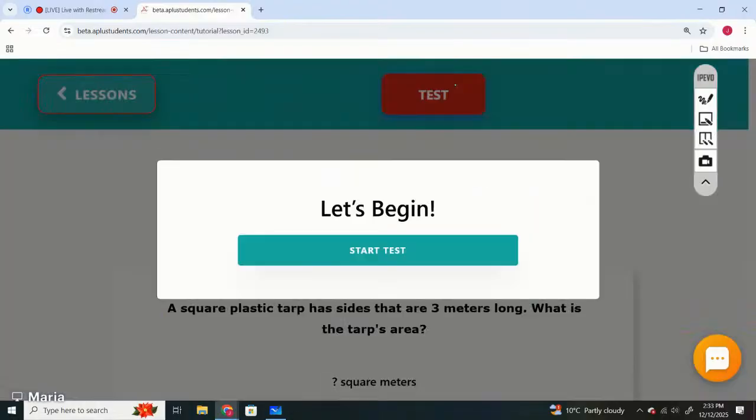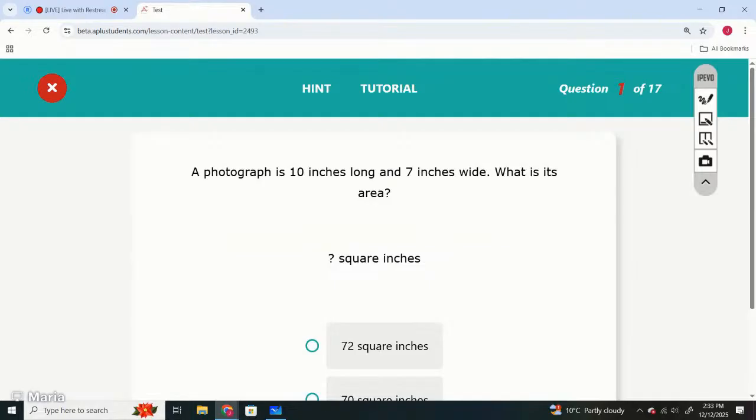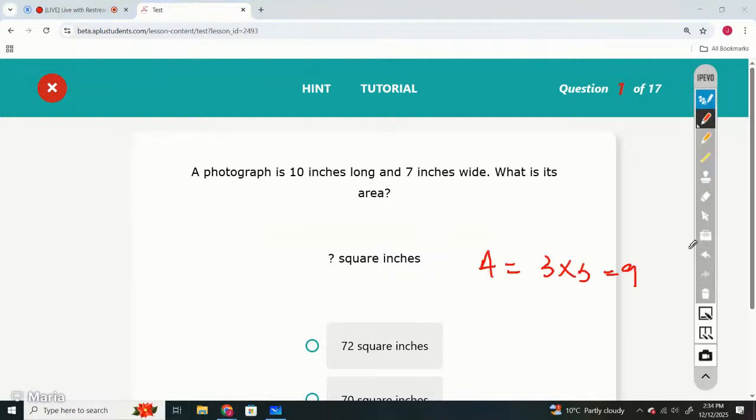Okay, let's just start with the test questions. A photograph is 10 inches long and 7 inches wide.